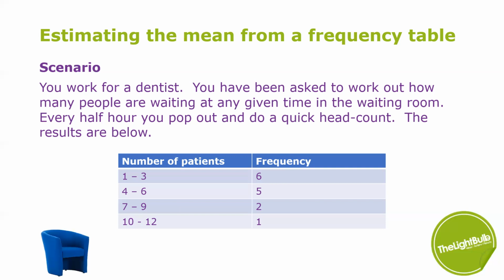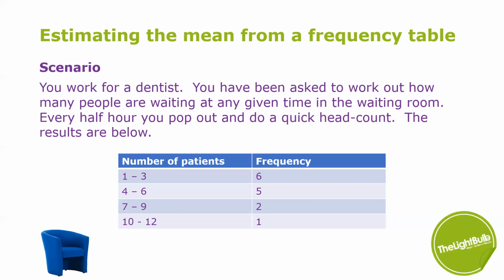Now, when it comes to working out an estimated mean average for how many are there, at this stage it's impossible to do that just from the information in front of us. For a start, we're looking at that first row and going, well, 1 to 3 people.